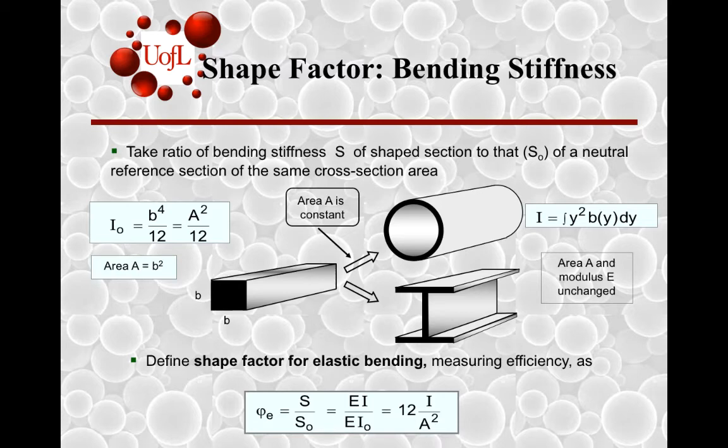And this would basically come down, for a constant material, to be the ratio of the area moments. If you substitute the value for the original area moment I for the square cross-section beam as a square divided by 12, you get the shape factor for any new shape to be 12I divided by a square. Knowing I and a, you can calculate a shape factor for each different design.